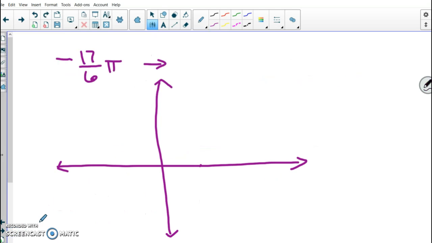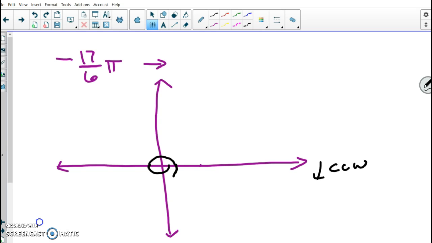So let's go ahead and think about this coterminal angle. We know we're going in the counterclockwise direction, and I like to think of it like this. 6/6 would be 1 pi. 6 more would be 12/6 pi. And 6 more would be 18/6.